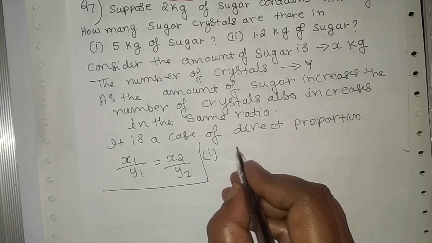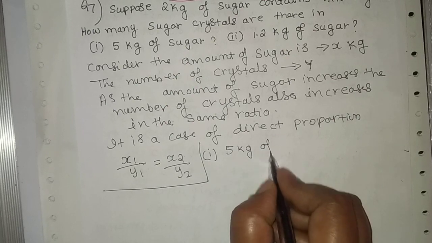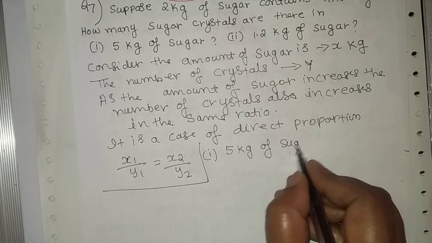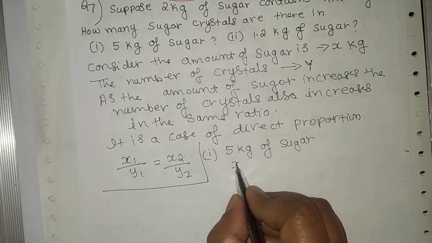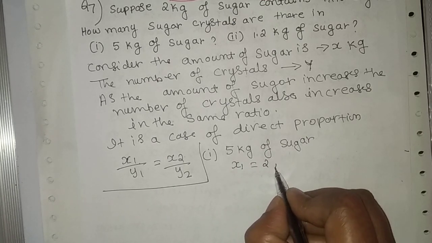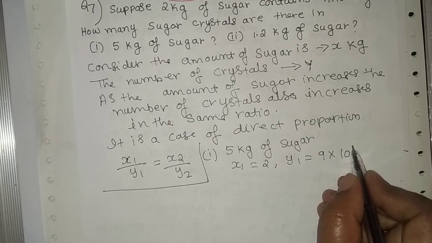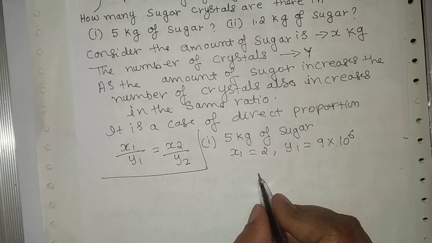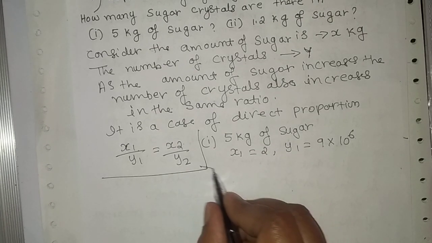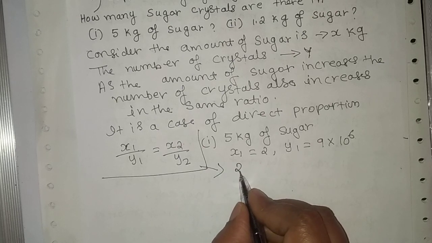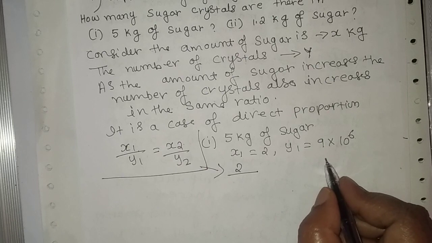What? 5 kg of sugar. Here what is x1? That is 2 kg. y1 is how much? 9 into 10 power 6 crystals. Therefore substitute here in this formula, x2 is how much?